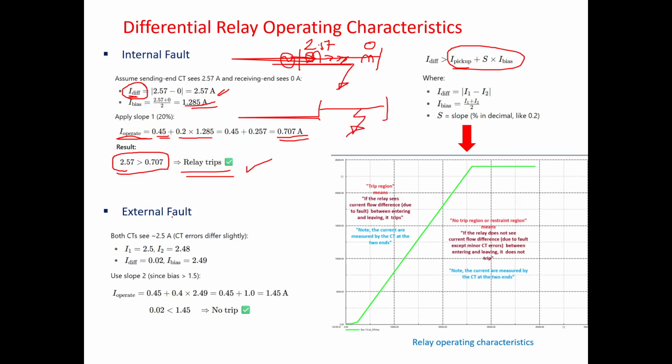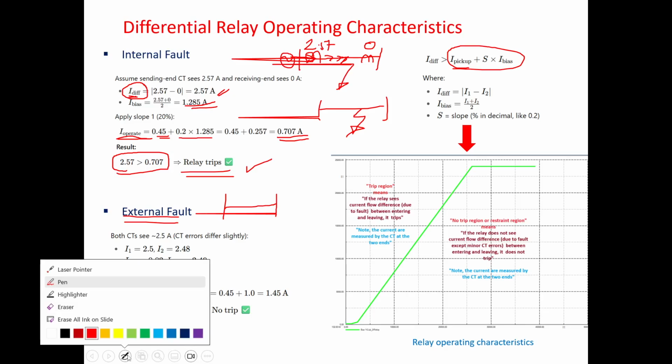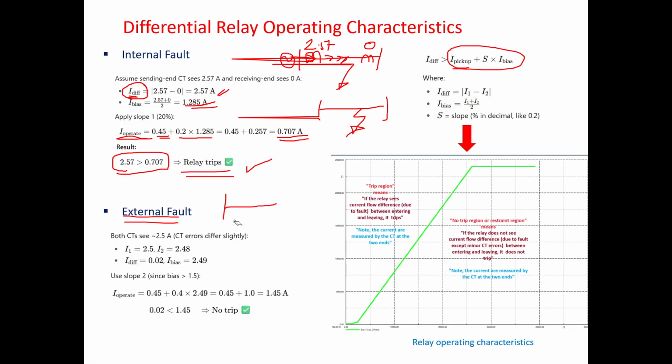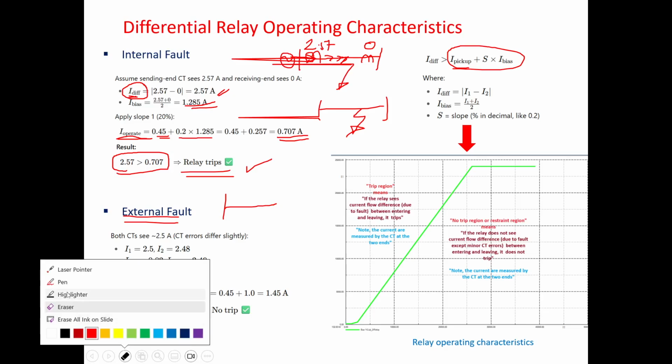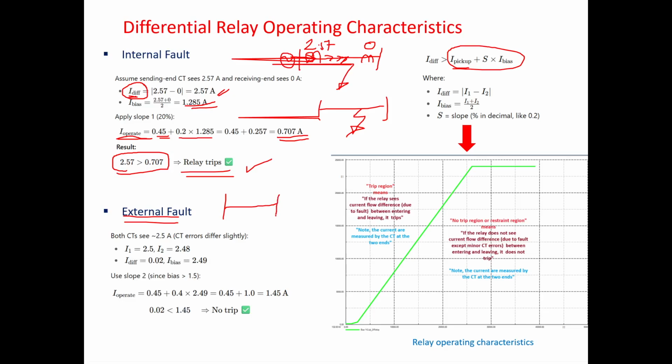For an external fault, again, the relay will see... let me just erase this one. Assume the CTs are here, and a fault is here, where the relay is here.